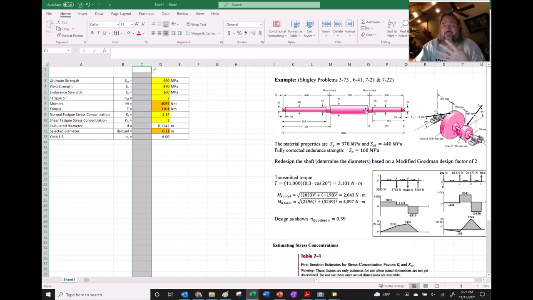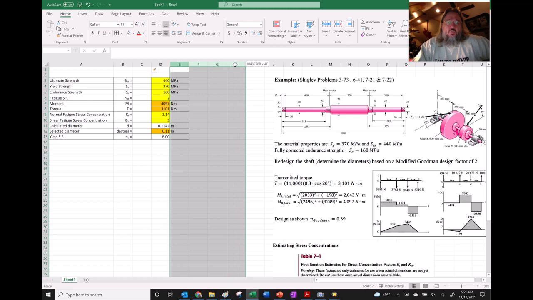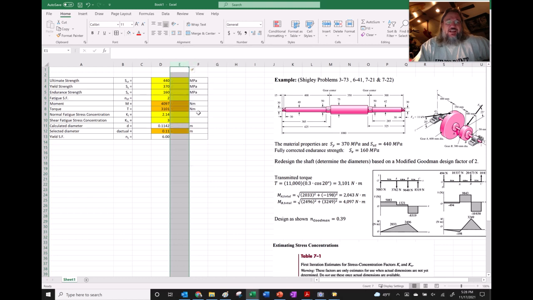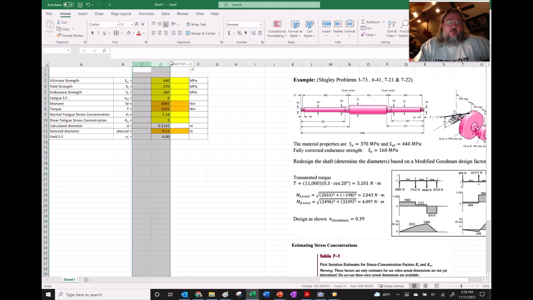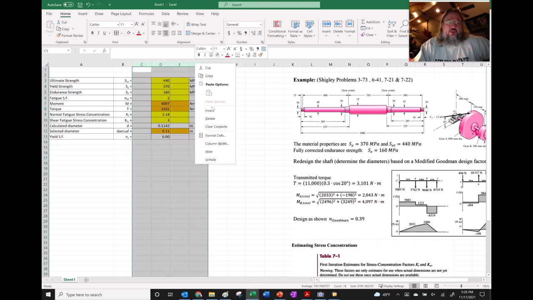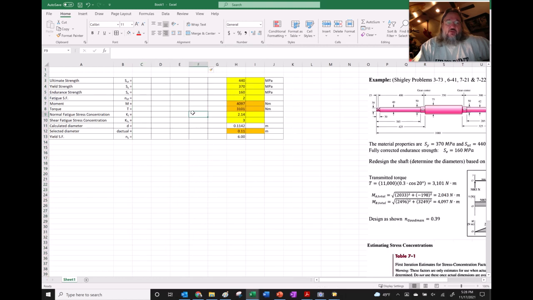So I want like six diameters that I want to play around with. No, I think I only need one to the side of this, and I need 4 in between here.